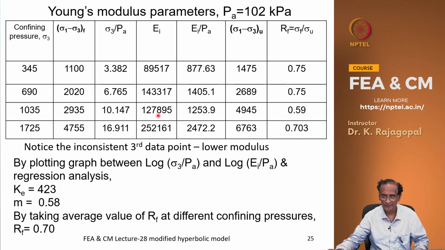So, if you look at the data at 345, our initial modulus is 89,517, 690, 143,317, and our 1035 is 127,895, 1725, 252,161, and our sigma 1 minus sigma 3 ultimate values are like this.